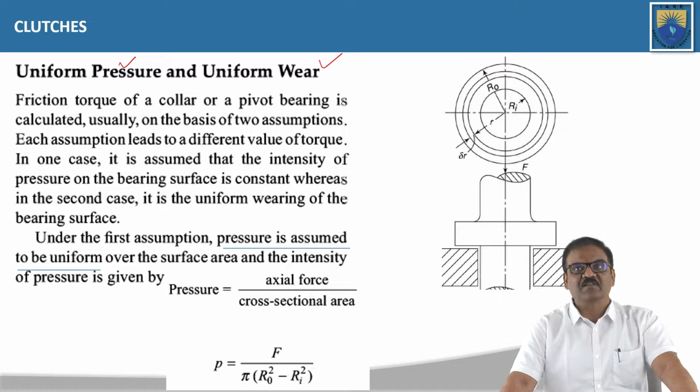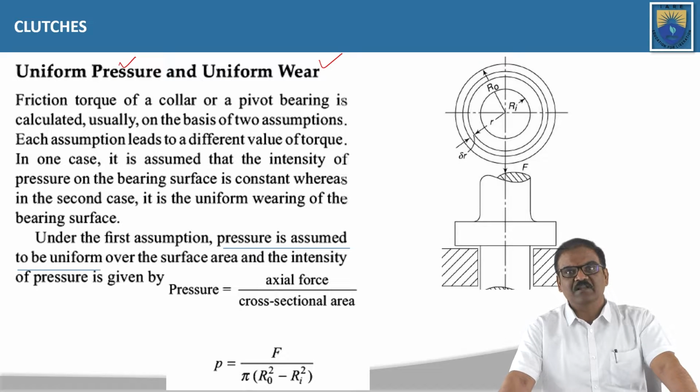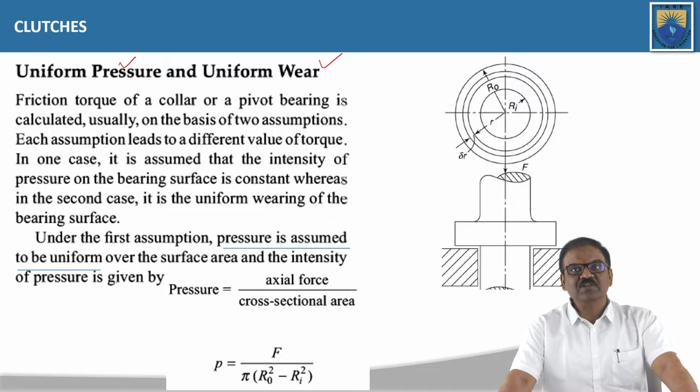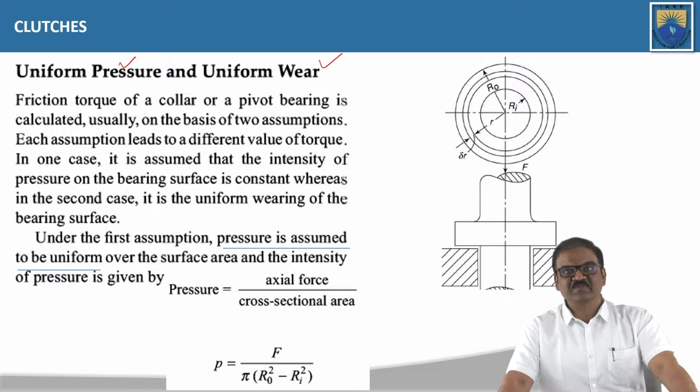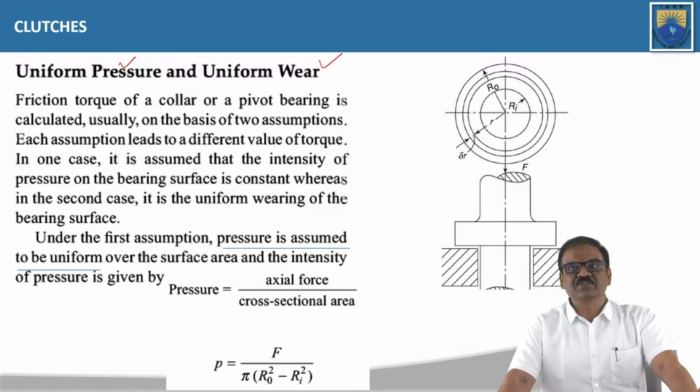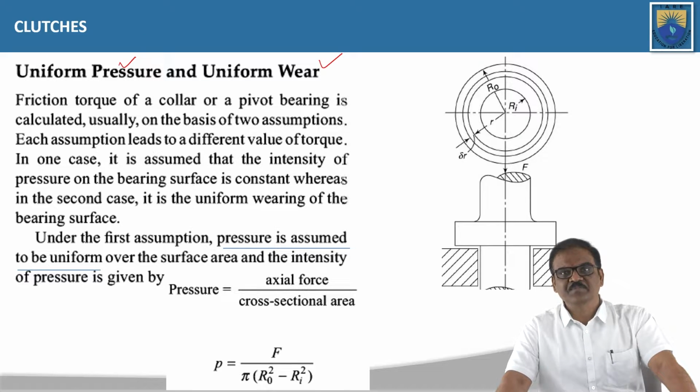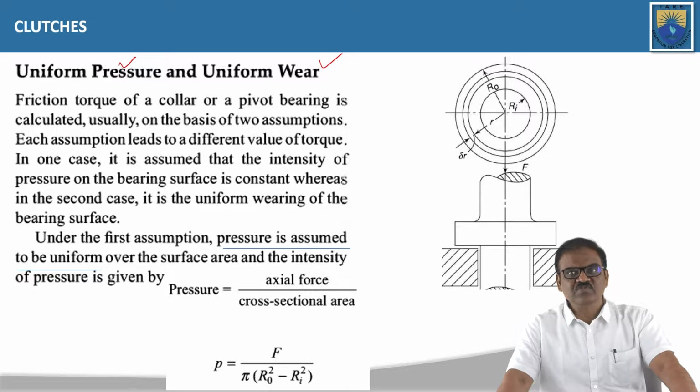Friction torque of a collar, pivot or clutch is usually calculated on the basis of two assumptions. Each assumption leads to a different value of torque. In one case, it is assumed that the intensity of pressure on the bearing surface is constant. The first is under uniform pressure, where the pressure is constant. Under uniform wear, there is uniform wearing of the bearing surface or clutch surface.